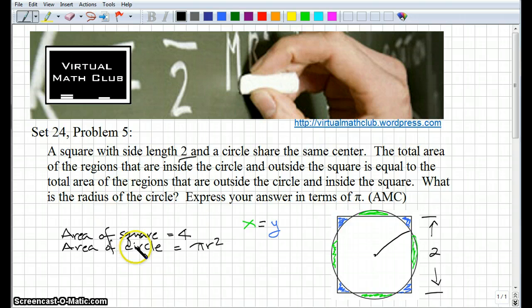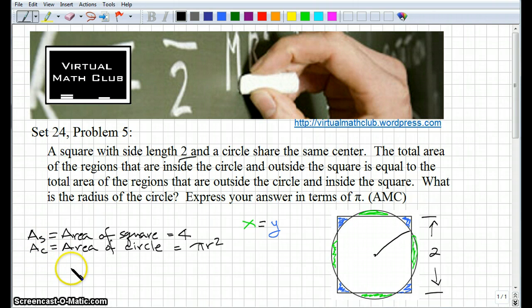Let's work with what we do know, write it out, and see if we can make something of it. I'm going to define something a little easier to write: A sub S for the area of the square, and A sub C for the area of the circle.